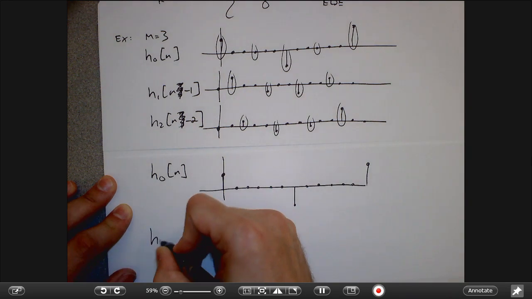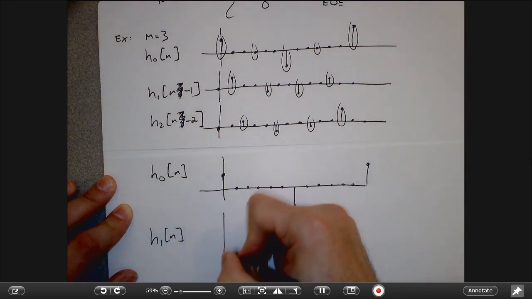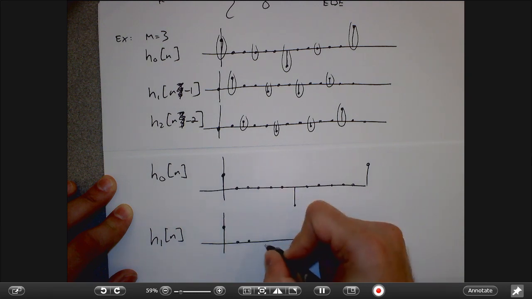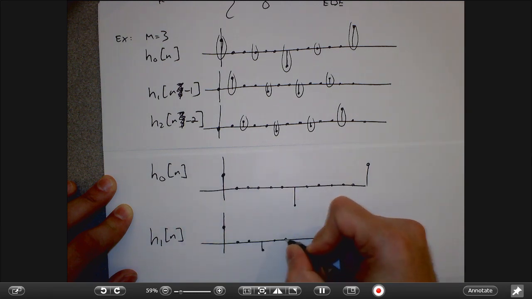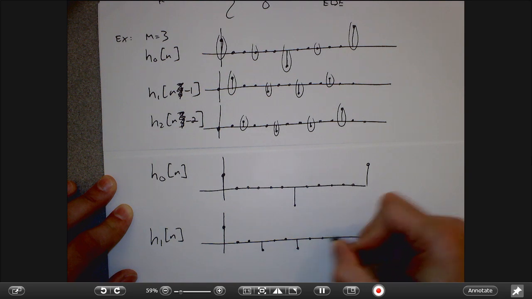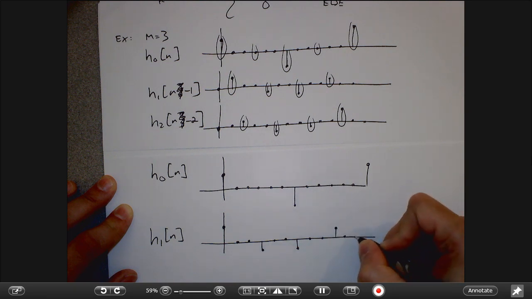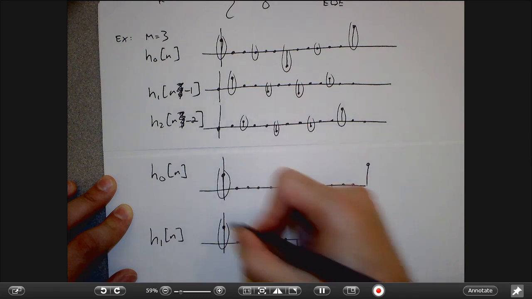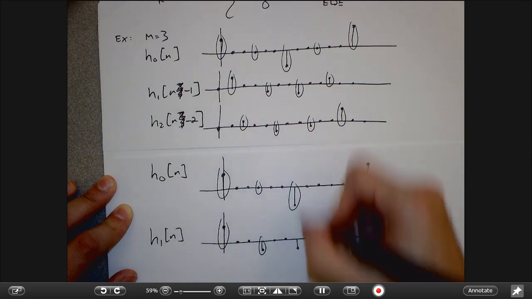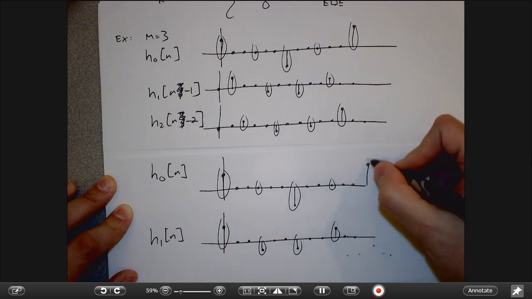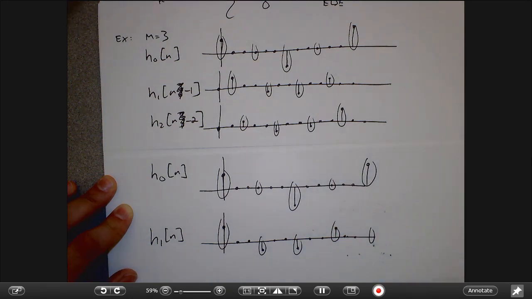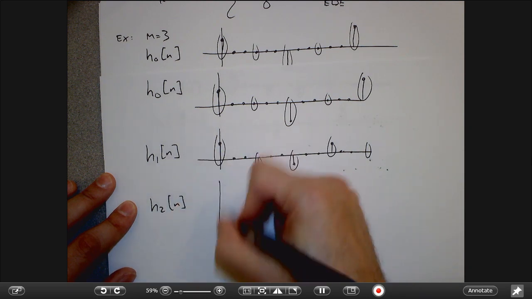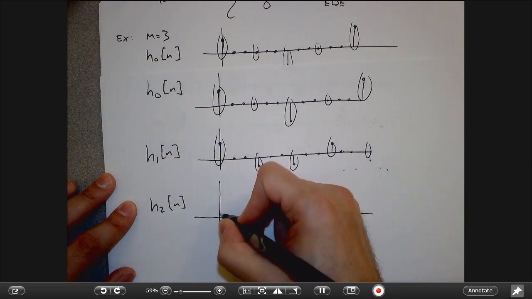My H1 is something where I take every third element. What I'm doing here is making sure that it's always the multiples of m that have the non-zero parts. And the same kind of thing with this.